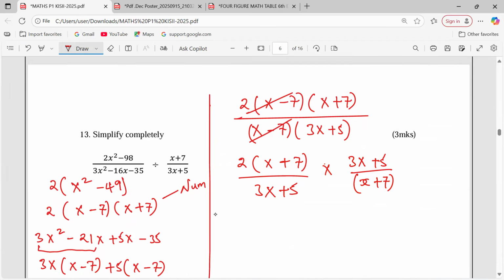Meaning that now we can simplify common factors like this and this, and this and this. So the final answer is exactly 2.